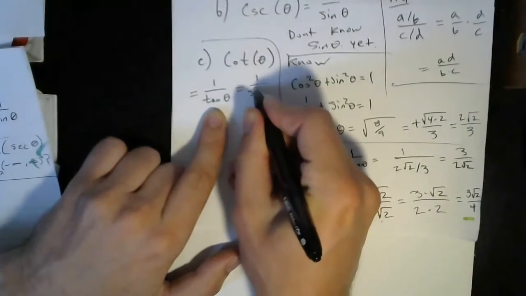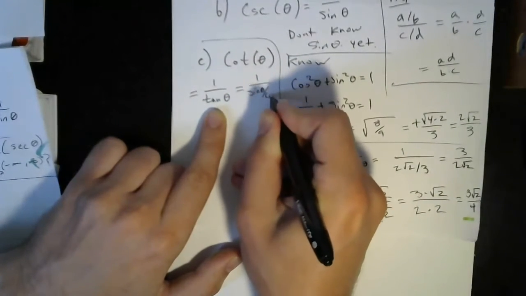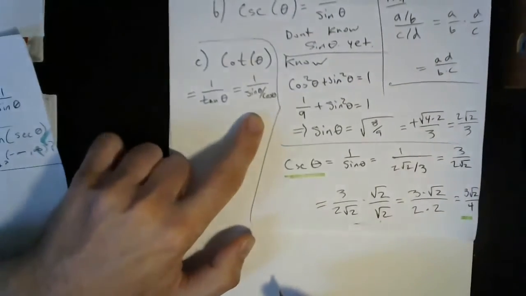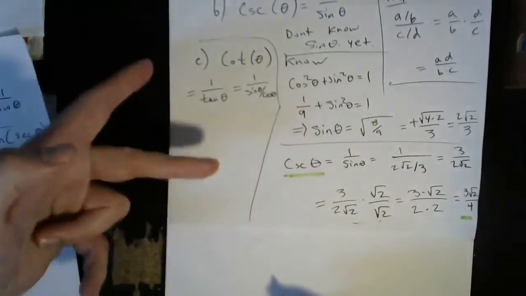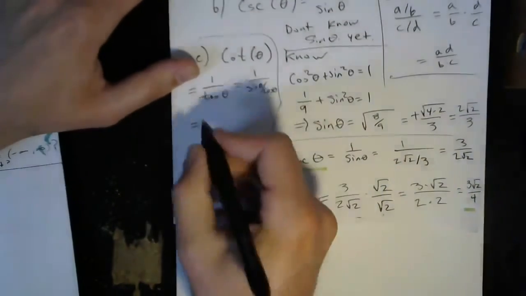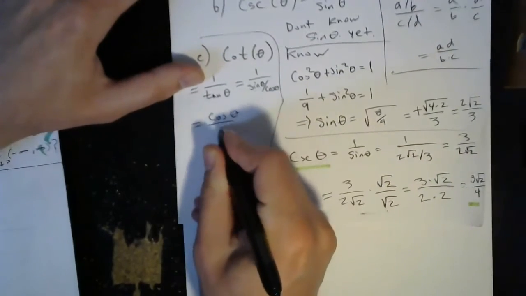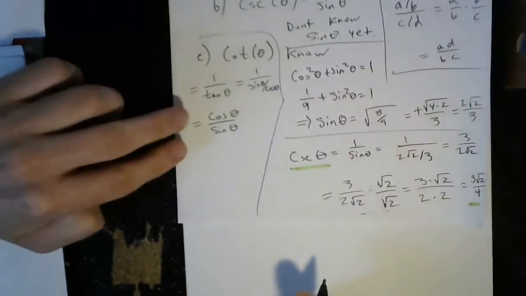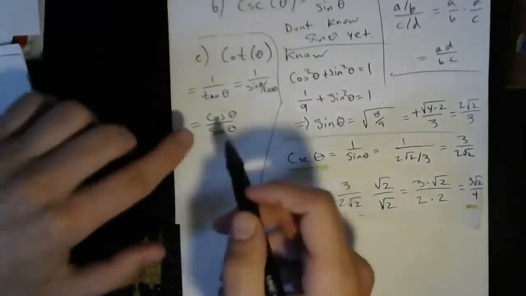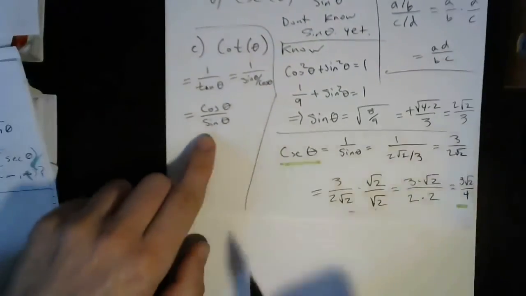So this is 1 over sine over cosine. Fraction of a fraction, bottom flips. And so cotangent is actually tangent upside down. It's cosine over sine, right? So this is tangent upside down. That's literally what this is here.